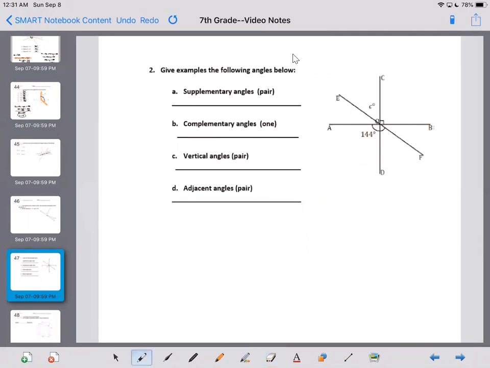Vertical angles, so we would look at these two would be vertical, and these two would be vertical, and these two would be vertical. And then remember, adjacent angles are just angles that are next to one another. So this and this would be adjacent. These two would be adjacent. Any two angles that share the same vertex.